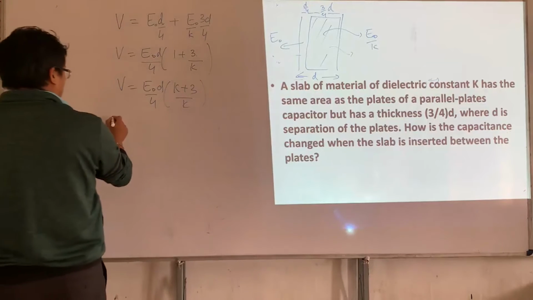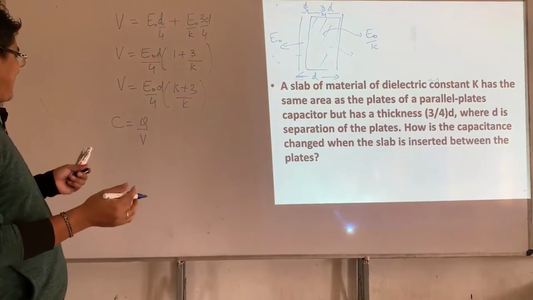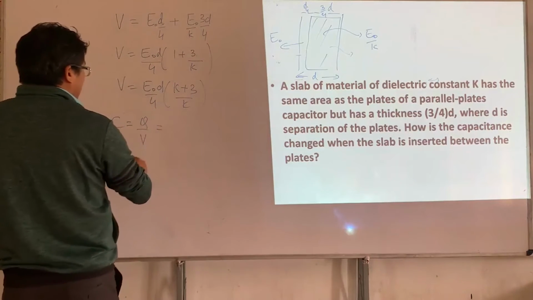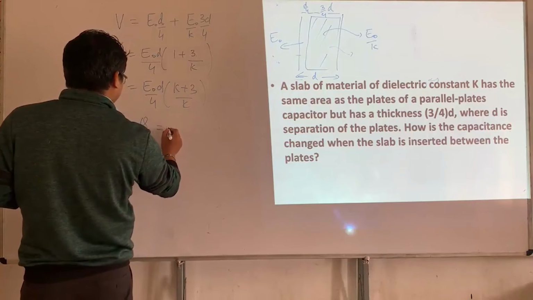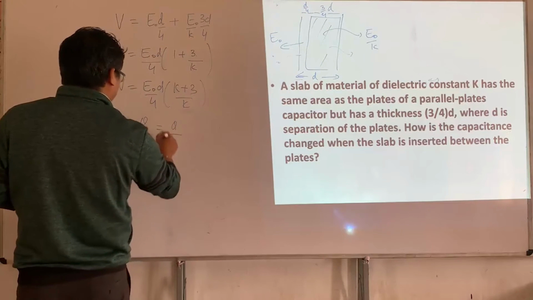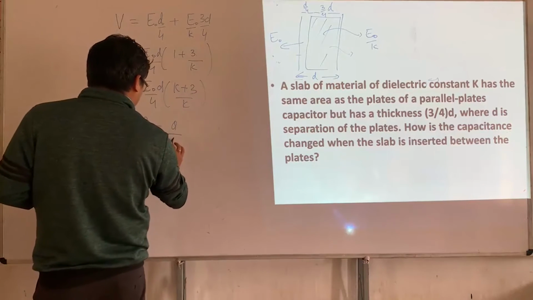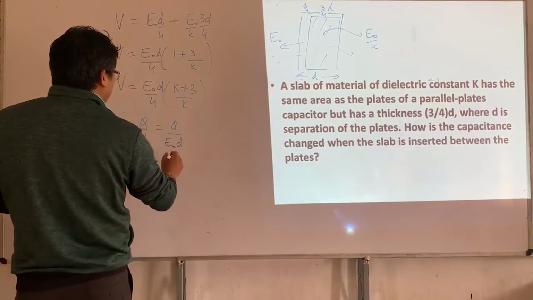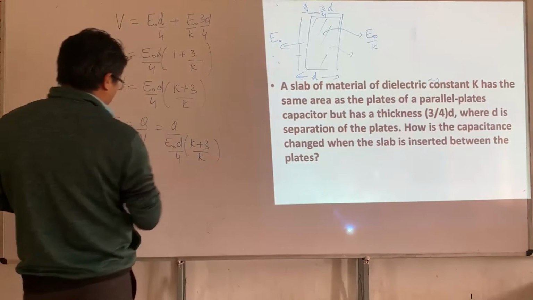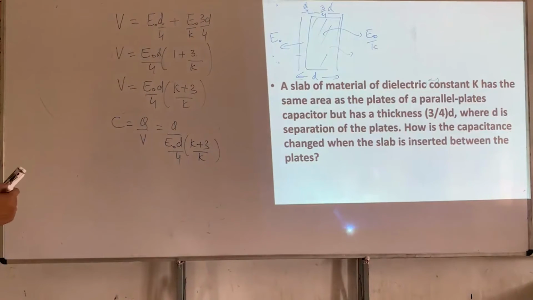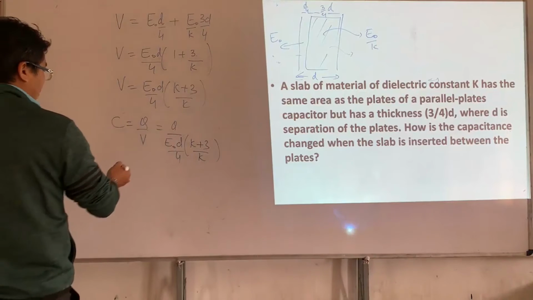Now what about capacitance? Capacitance is equal to Q by V, and the charge remains unchanged, so this potential is going to change. So C is equal to Q divided by E naught D, K plus 3 divided by 4K. Now what I'm going to do is I'll put the value of Q. How much is Q?